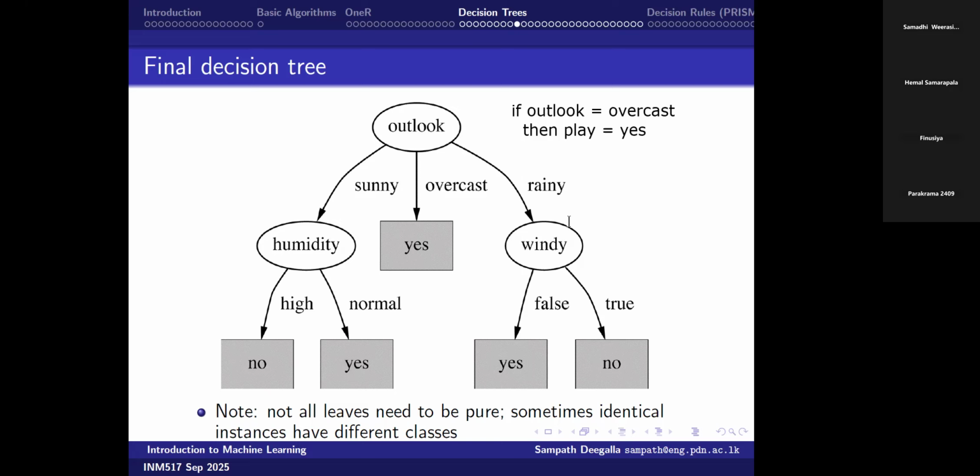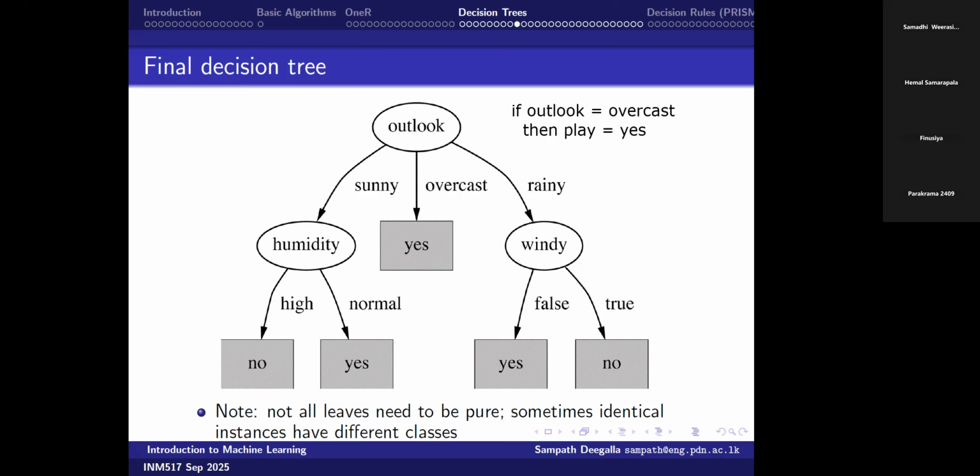Then on the right branch, if outlook is rainy and windy is false, play is yes. If outlook is rainy and windy is true, play is no. Those are the 5 rules we can generate after building the tree structure.